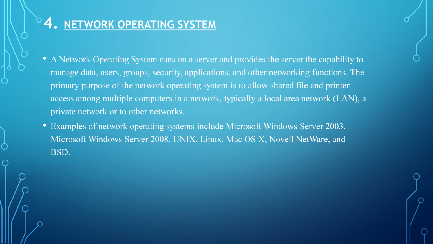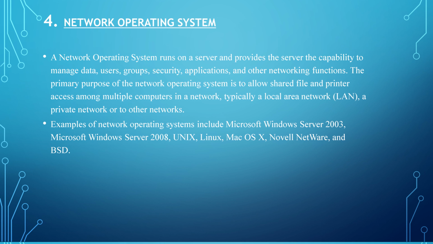The primary purpose of the network operating system is to allow shared files and printers access among multiple computers in a network, typically a local area network, LAN, a private network, or other networks. Examples of network operating system include Microsoft Windows Server 2003, Microsoft Windows Server 2008, Unix, Linux, Mac OS, Novell, and so on.